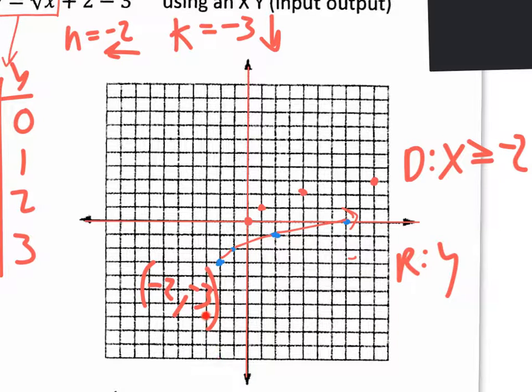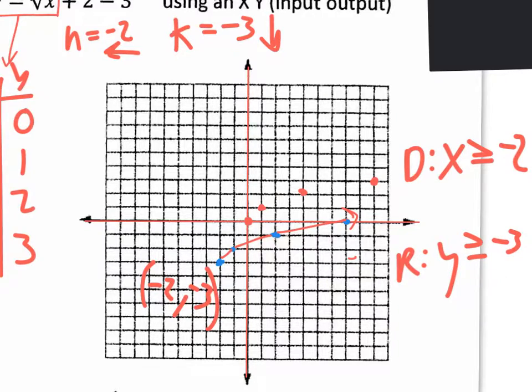The graph doesn't exist down here at -9 or at -8 or at -7. The graph exists right here. Where's this value at in terms of y? -3. And it exists above or below -3? Above. So what do we say? Y is what compared to -3? Greater than or equal to -3. And that's the domain and range.